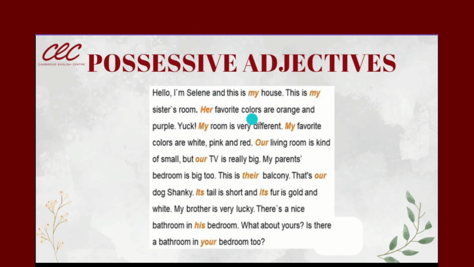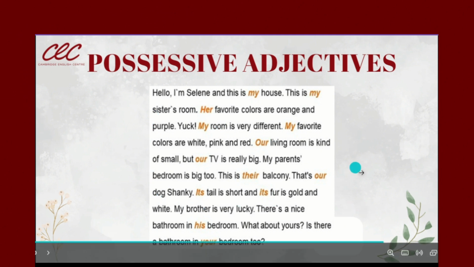Her favorite colors are orange and purple. Now, her favorite colors are orange and purple. It is referring to her sister, right? Her sister. Yuck, my room is very different. My, let's go back again. My refers to Celine. She is the one who is telling this.